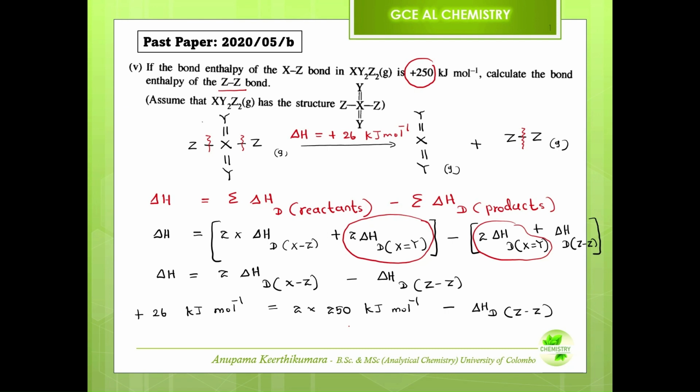Therefore, bond dissociation of the ZZ single covalent bond is plus 474 kilojoules per mole. That's the answer for question number 5.